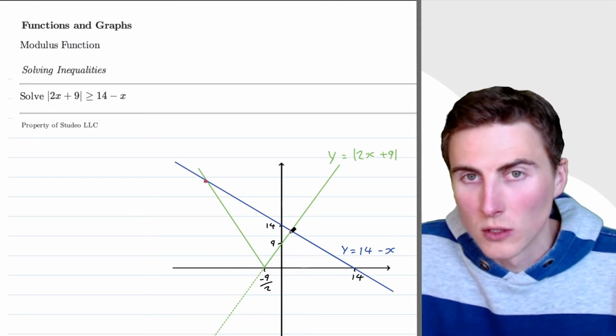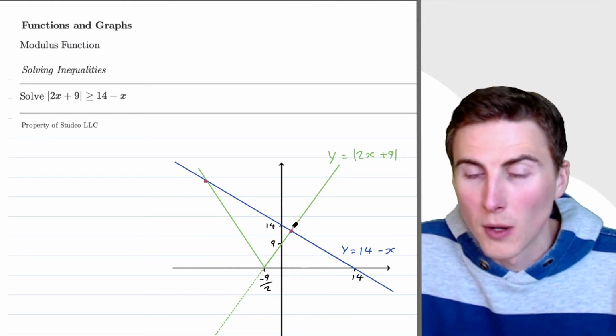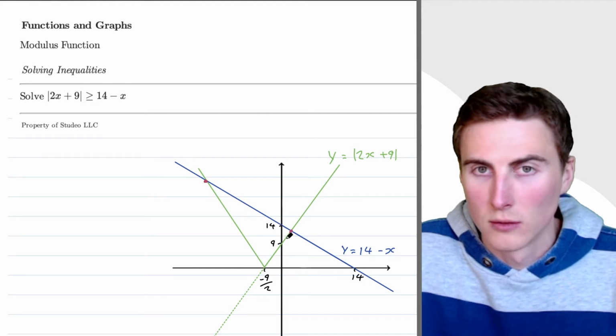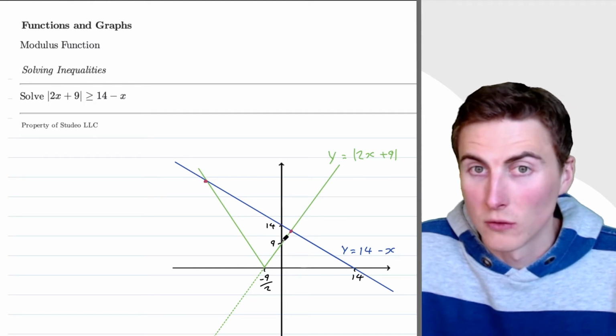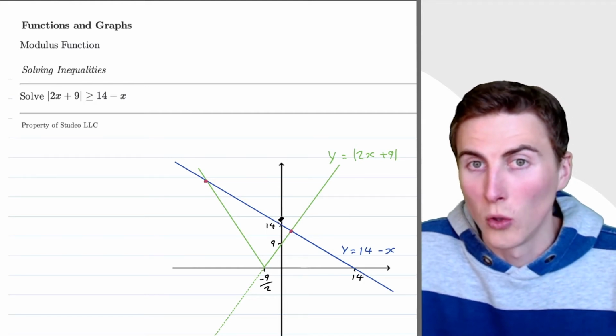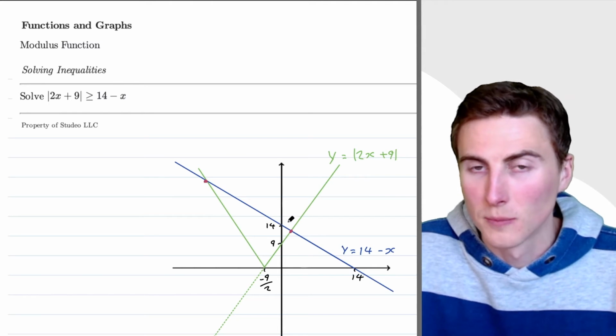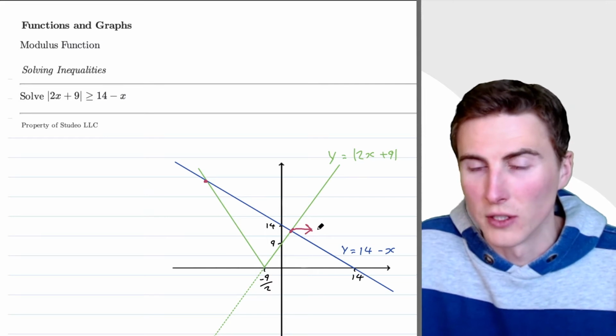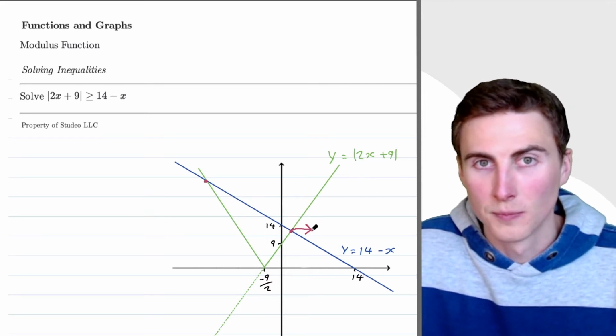Whereas if we trace it backwards, we can see that once we pass this red dot, the green line is now below the blue line. Or the y value outputs for the green line, like 9, are smaller than the blue ones, like 14. So we want all the points to the right of this, so greater than this point here.